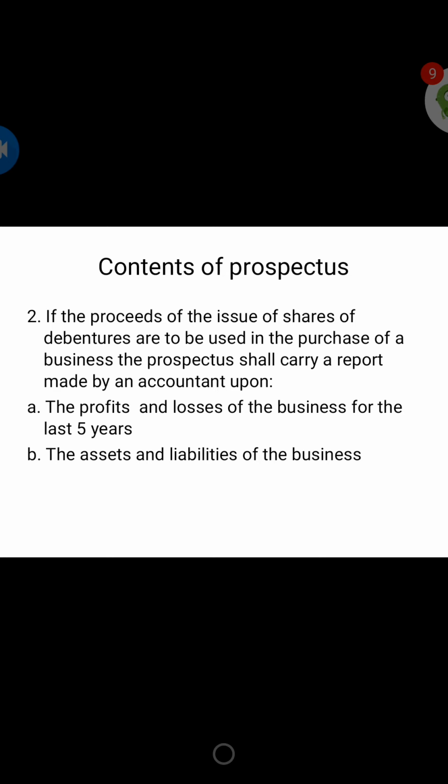Whatever you collect from the shares and debentures, when it is used in the purchase of a business, the prospectus should give the report made by the accountant on the profit and loss account of the business for the last 5 years, and the assets and liabilities, or the balance sheet, of the business.